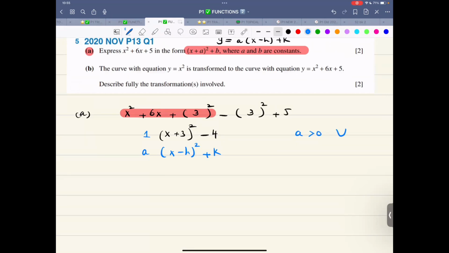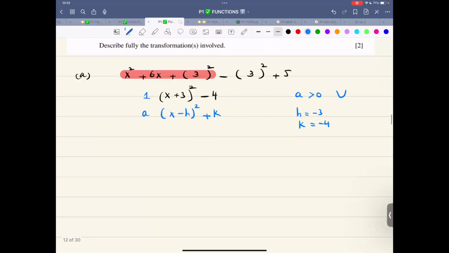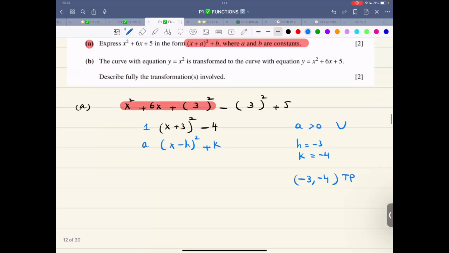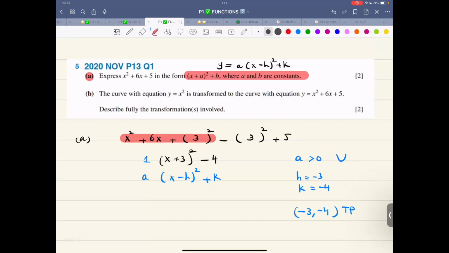So a is 1, which means the graph has a shape like this. h is -3, k is -4. Therefore, (-3, -4) is the coordinate of the turning point. That's extra information that I've written over here.